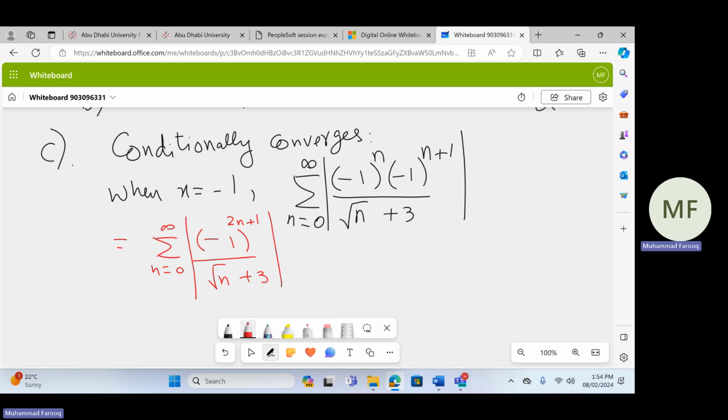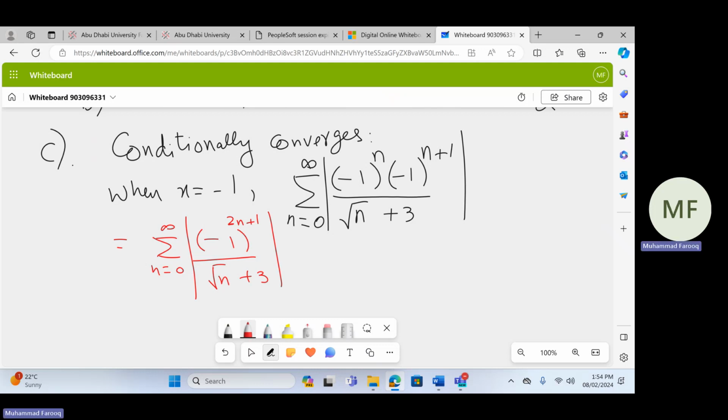By the way, when you substitute 0 here, you know 2n plus 1 is which number? Basically the output is odd. So whenever you substitute any n value, 0, 1, 2, 3, 4, 5, -1 will get an odd power.